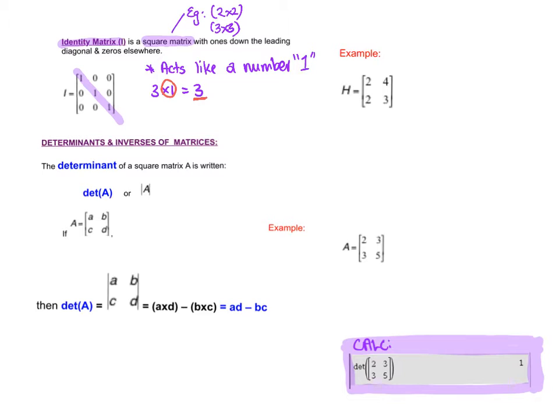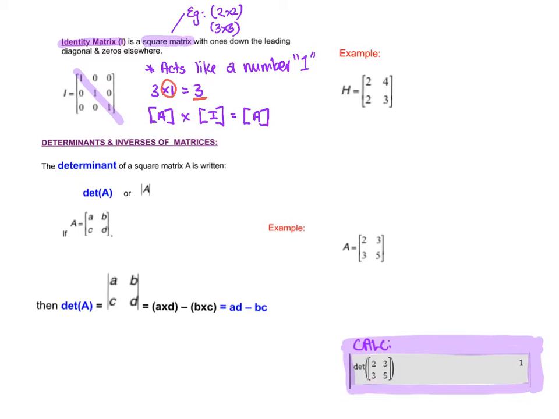So if you have a matrix and you times it by the identity matrix, so the identity matrix is often given with a capital I, if you times a matrix by an identity matrix, you'll get the same matrix back. Does that make sense? Yeah? So it acts sort of like a number one. So if you just remember that about an identity matrix.